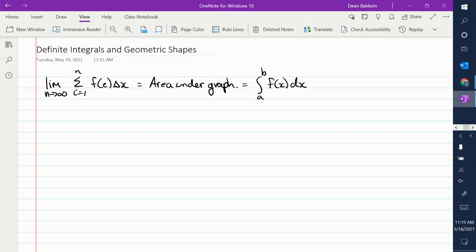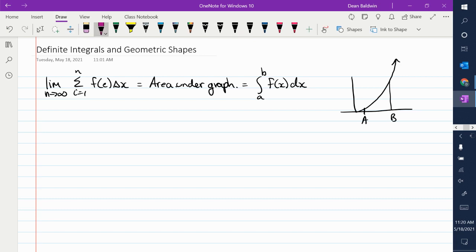All right, so area under the graph is equal to the antiderivative or the integral between a and b. What are a and b? A and b are your endpoints of the graph. So if I say, here's your graph, and I want to know the area from A to B, I call this f of x.